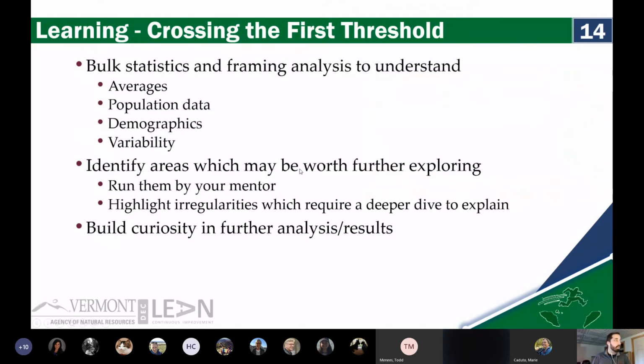All right, so crossing the first threshold is learning about the data set. And whenever I get a new data set, I always start by trying to understand the bulk statistics of that data set. So those are things like averages, population data, demographics, variability.